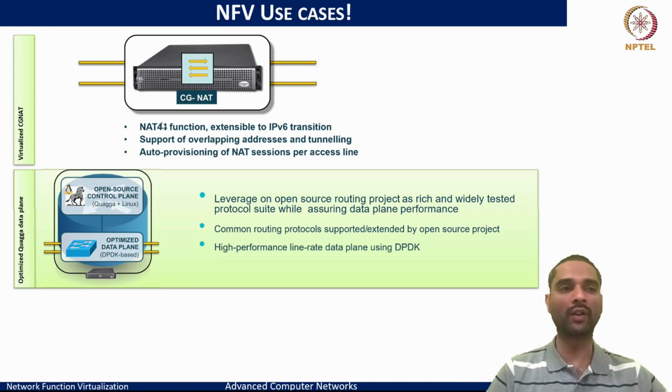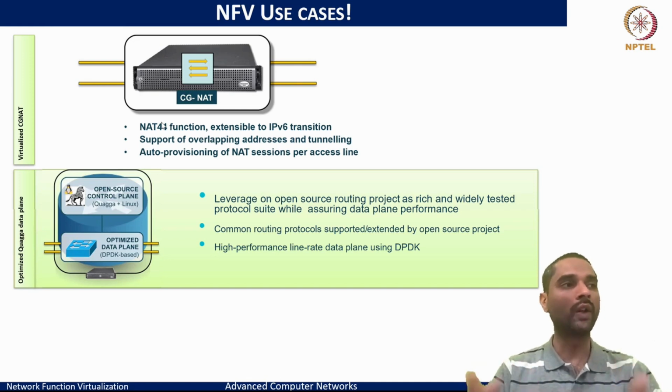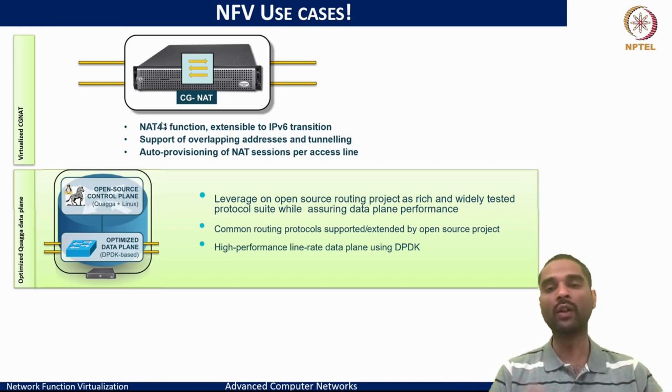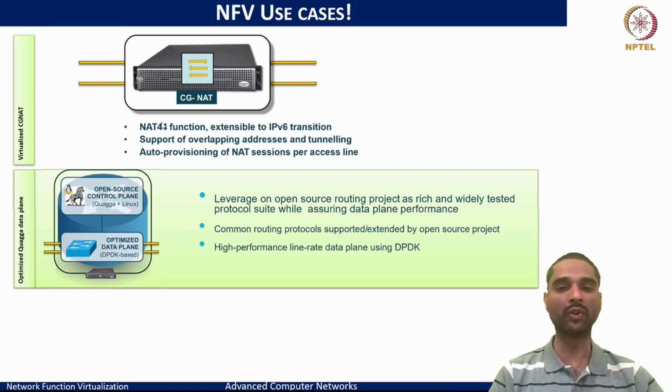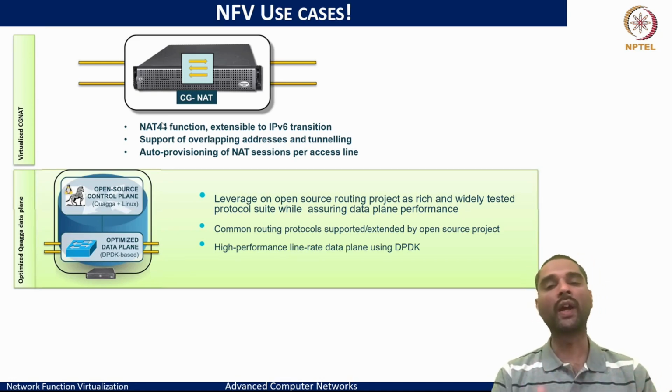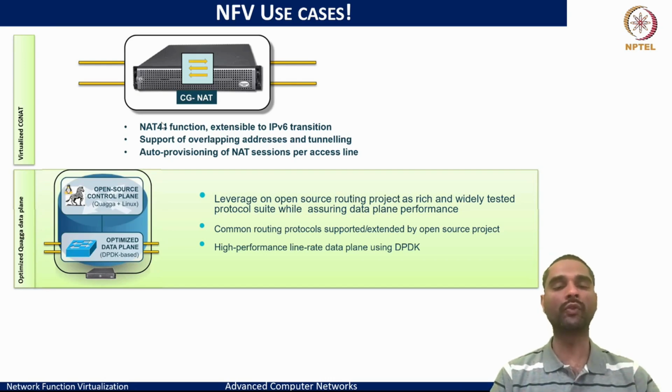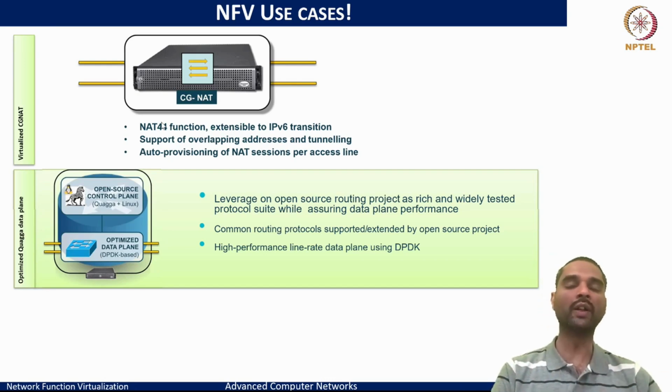So we can have a NAT4 address inside while we present a NAT6 or IPv6 address to the outside world. And we can even facilitate overlapping addresses in a much easier fashion. And if we see that a NAT is becoming a bottleneck, we can instantiate a new instance of a VM to take over, and enable that we can scale elastically the kind of functions and run them in our hardware.